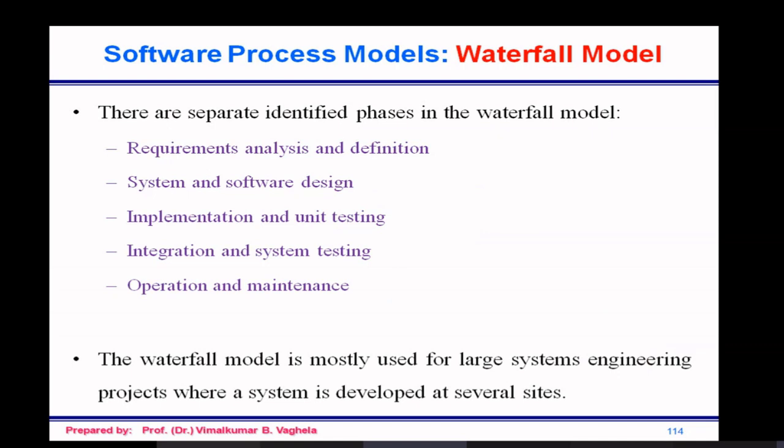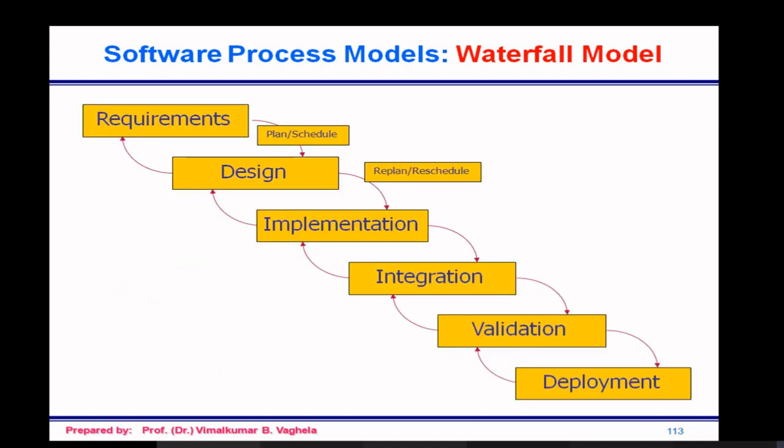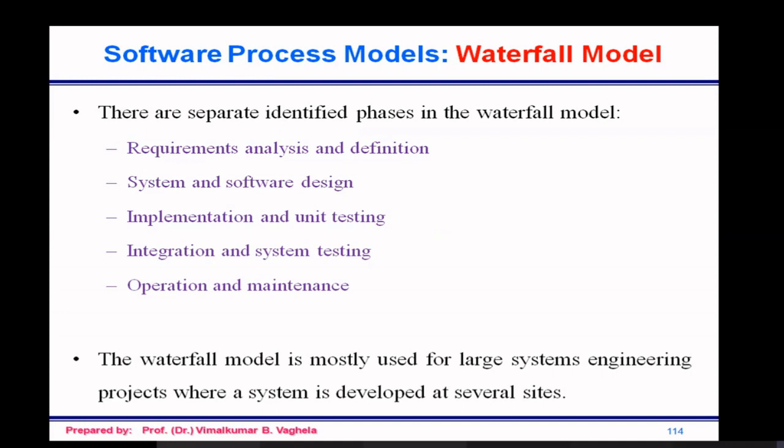Okay, that I will discuss. There are separate identified phases in the waterfall: the requirement analysis and definition. This is in more detail. In the picture, I am not describing everything in detail. This is an abstract view of your waterfall model. The detailed thing is what?